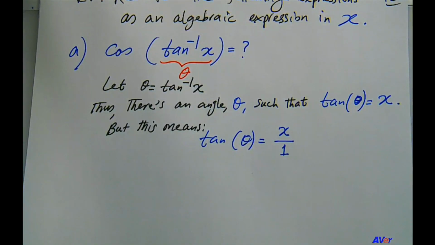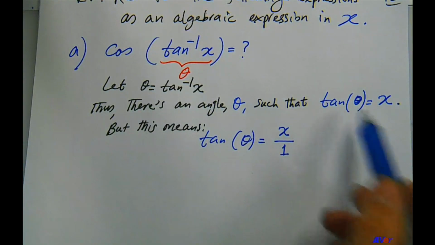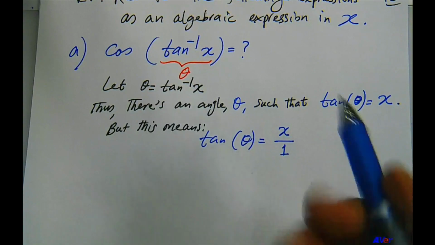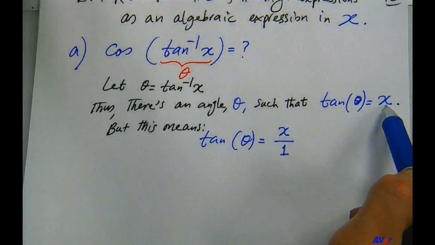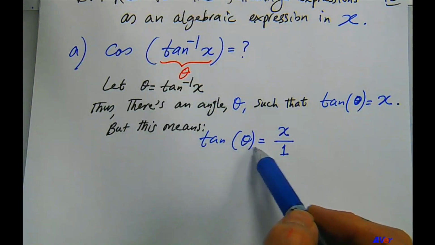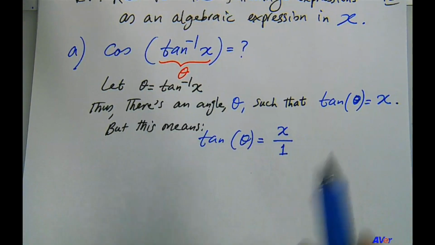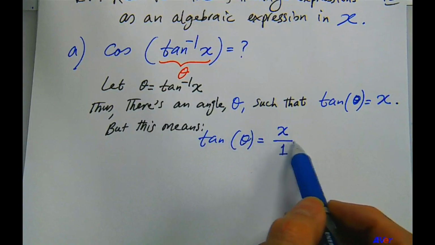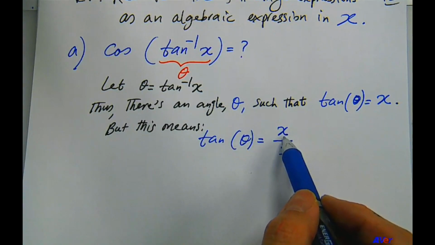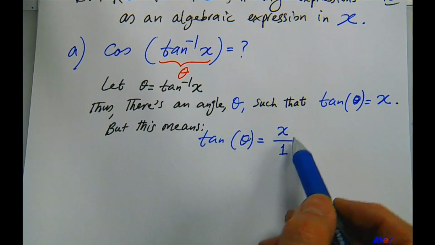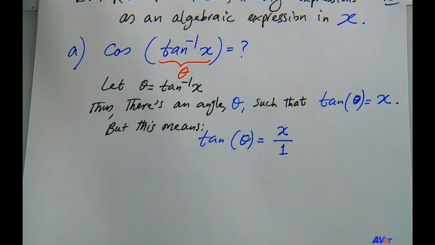In any other place, this would be very silly to do, to write tangent of theta equals x as tangent of theta equals x over 1. As you know, if the denominator is 1, we're not going to write it. But in this case, it's a very beneficial thing to do. In any other context, like I say, it would be very silly, but here it's a very useful thing to do.